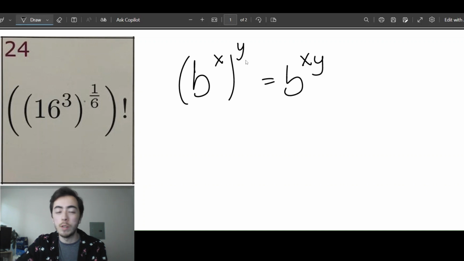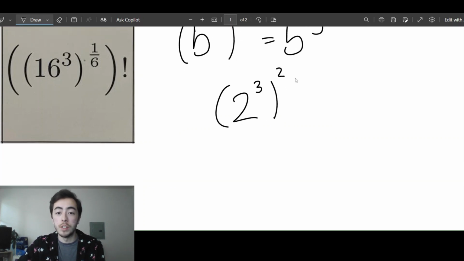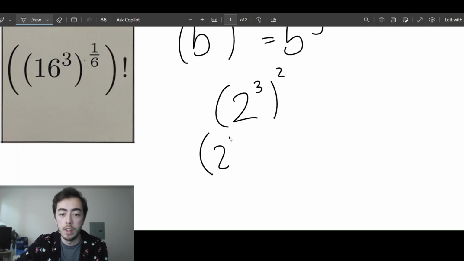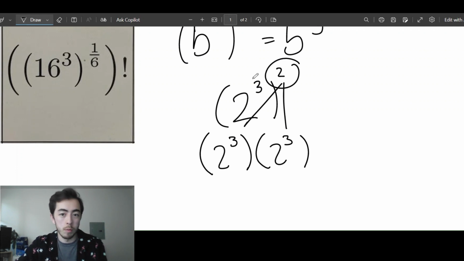And I'll just show you an example to make sure that we're both on the same page that this does indeed work. Let's say I have a base of 2, and I'm raising it to the power of 3, and then the power of 2. Just the meaning of squaring a number is multiplying it by itself. And so we can expand our square by multiplying 2 cubed by itself.